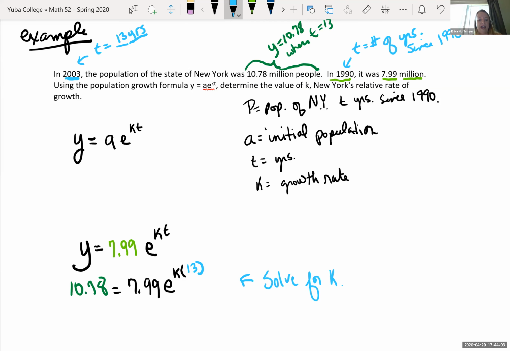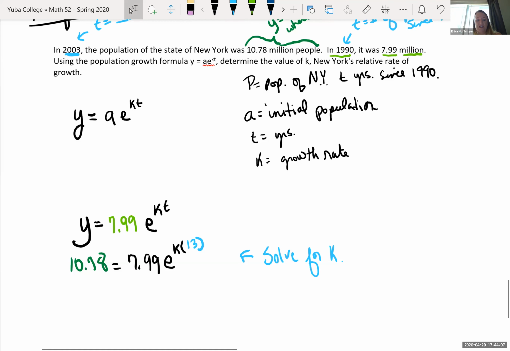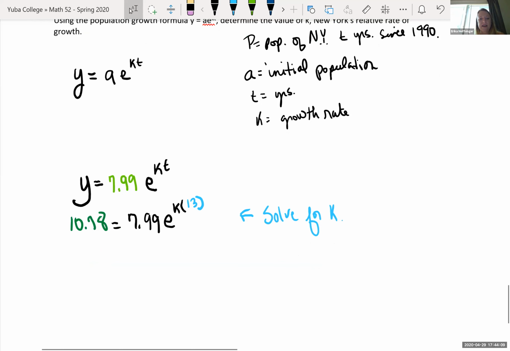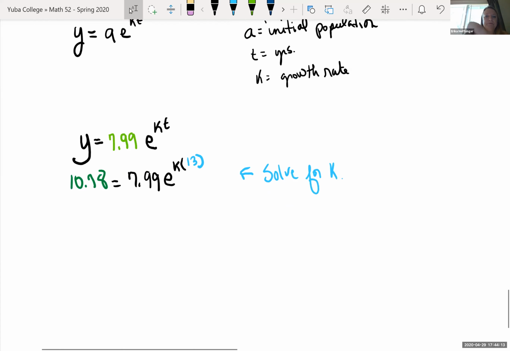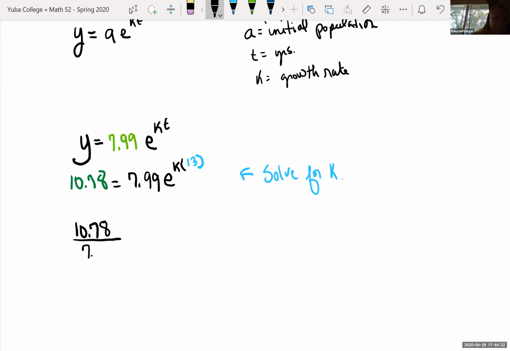So we need to isolate the exponential piece. So we don't want the coefficient, the number in front of that exponential piece. And so we can undo that by dividing both sides by 7.99. And so we have 10.78 divided by 7.99 is equal to e to the 13k.